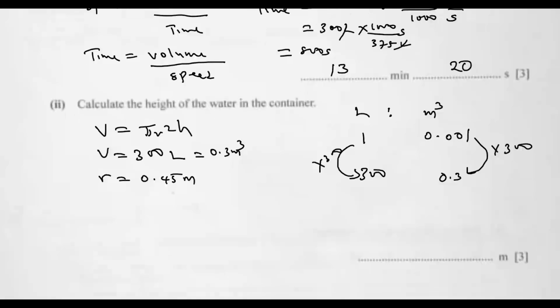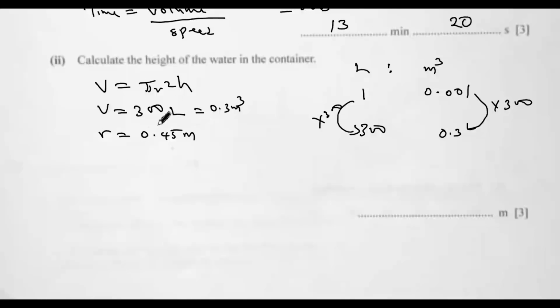So we can now substitute the values into the formula. So we have 0.3, that's the volume in meter cube, equals to 3.14 times 0.45 meter squared, then times the height h.